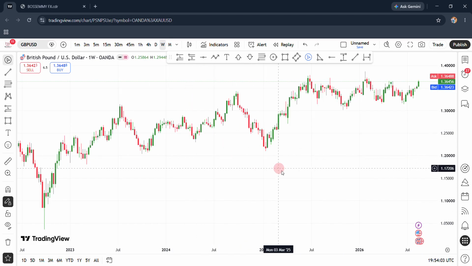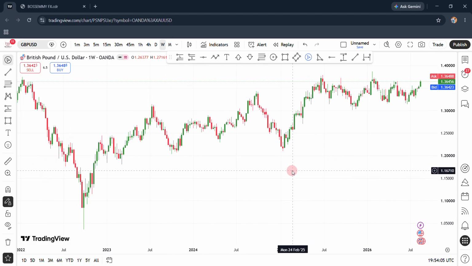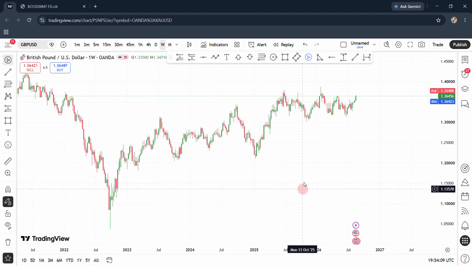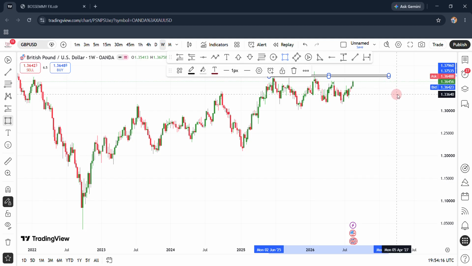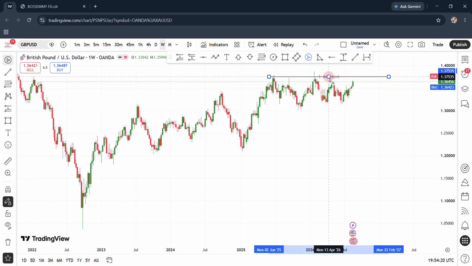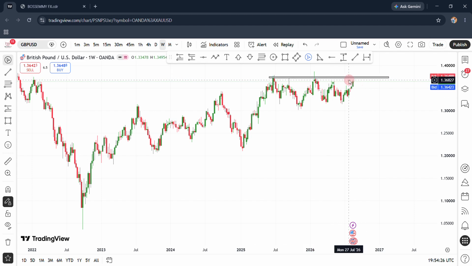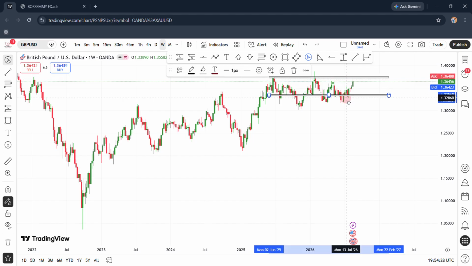So on the GBPUSD, you can see what we have on the weekly time frame. You can just see that we have stuff like this. Currently it's looking as if price is ranging on the weekly time frame, ranging around that zone and here as well.